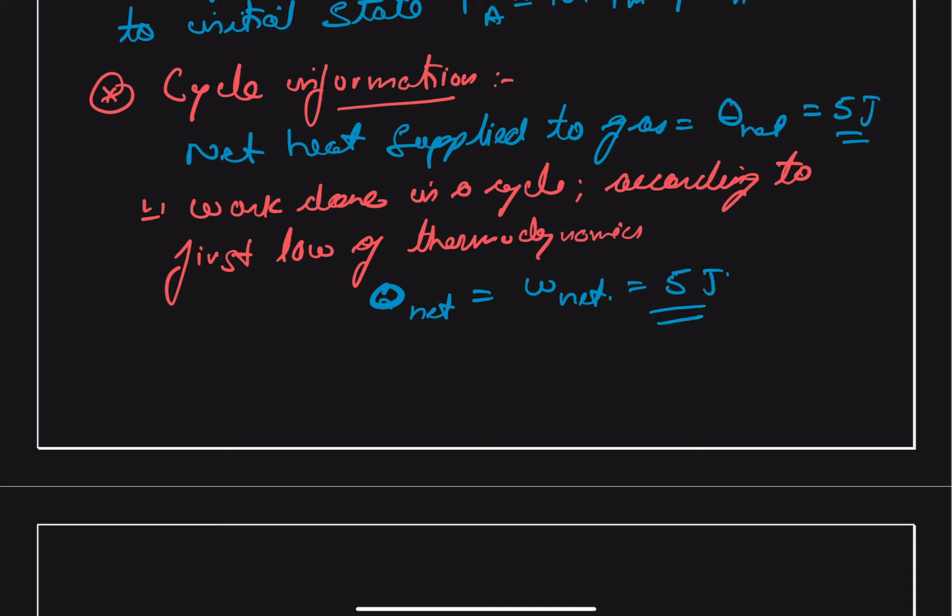Now we are going to find the work done for the individual processes. We have 3 processes.